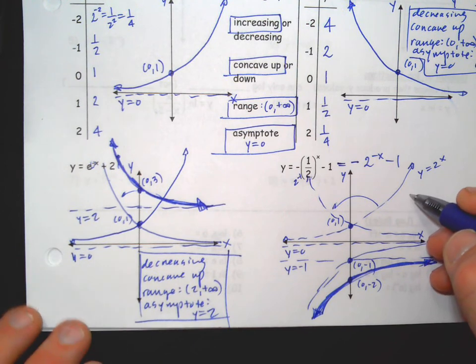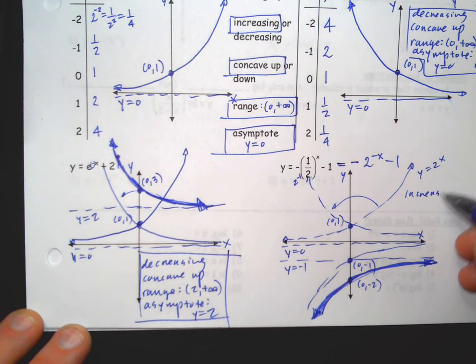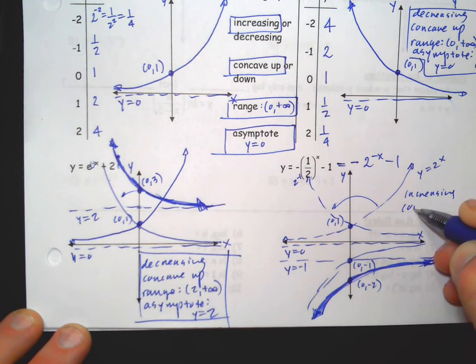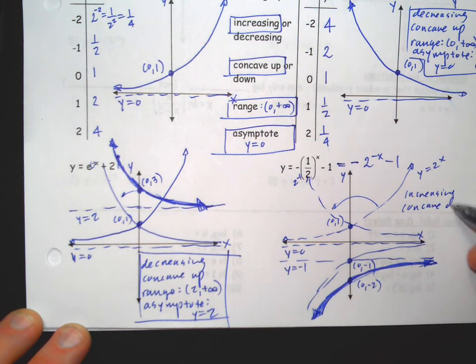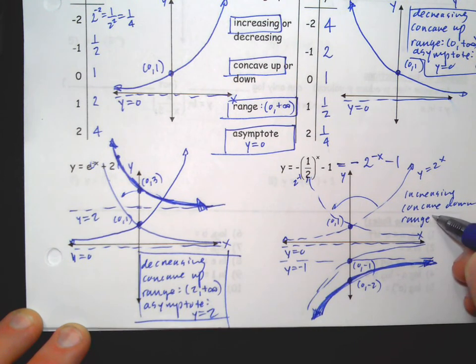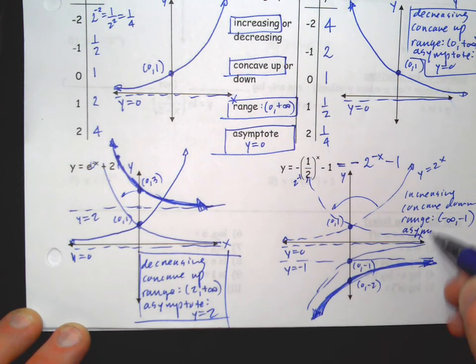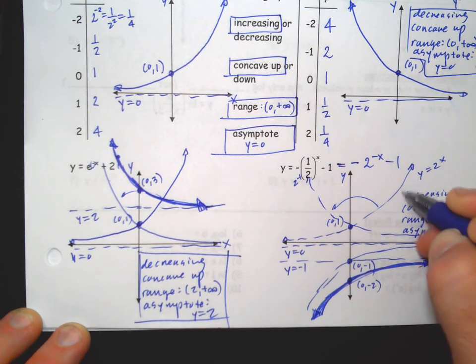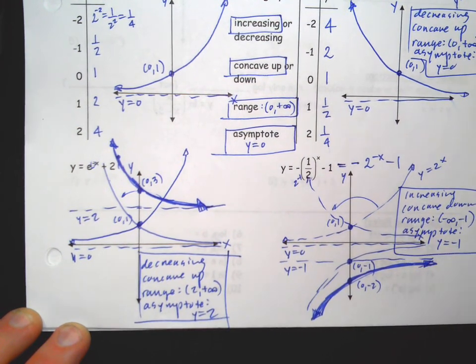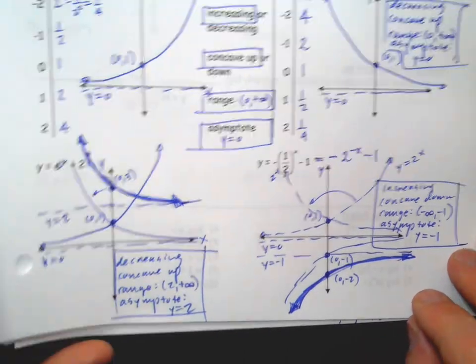So I'm going to say that it is increasing, concave down, range is negative infinity to -1, smallest to greatest, and the asymptote is y=-1. Now you've got to make sure you put the y equals with your asymptote. So that's what we're doing with those.